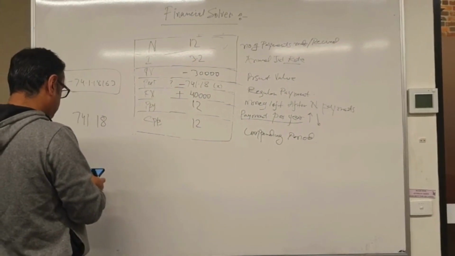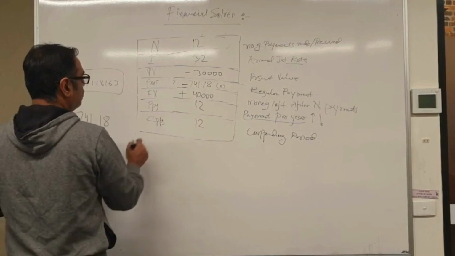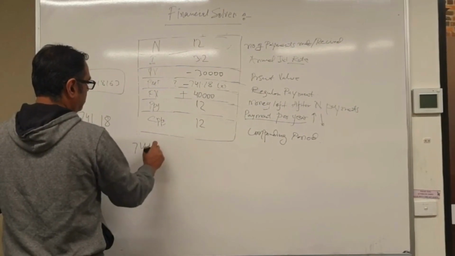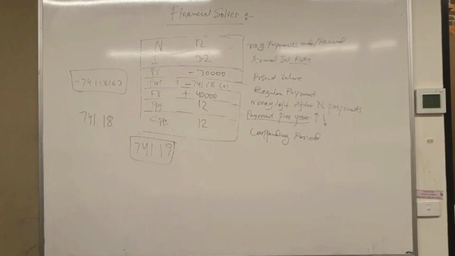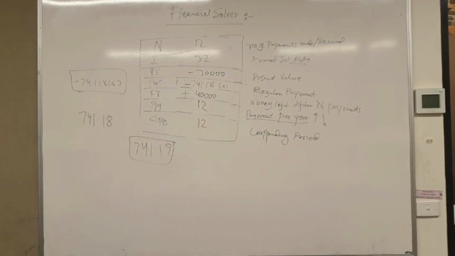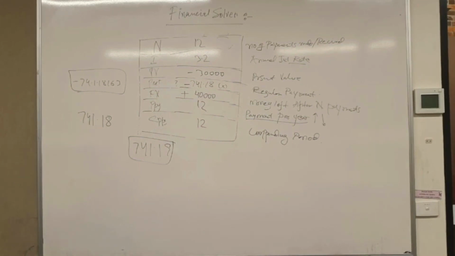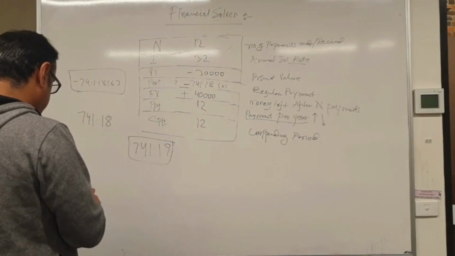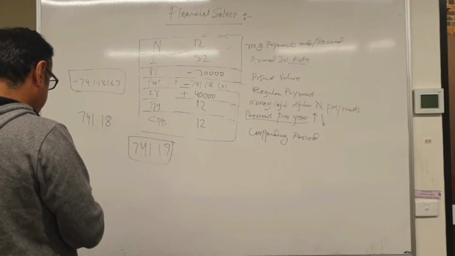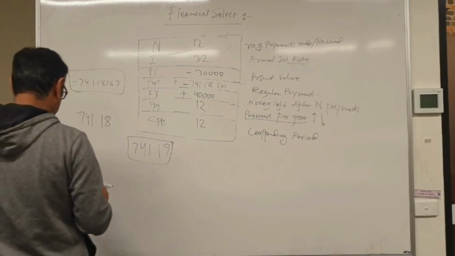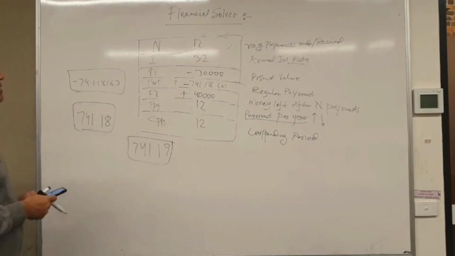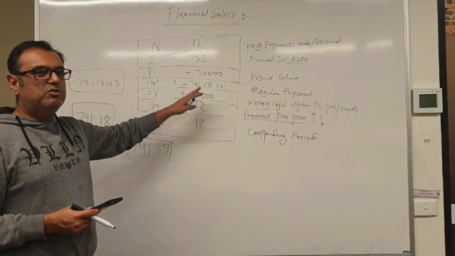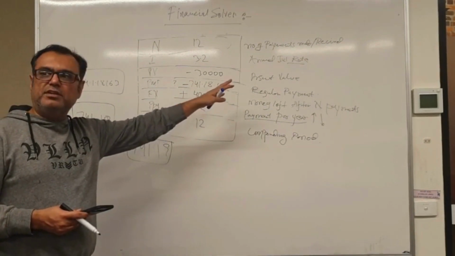I mean, the answer is 741.19, not 18, right? Now, because if you do 741.18, you won't hit 40,000, you'll have 39,900 and something, right?